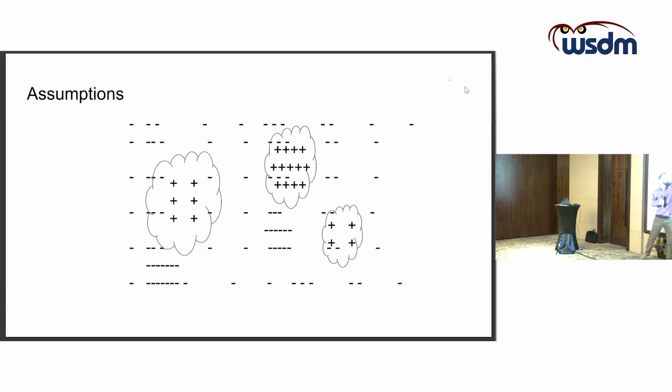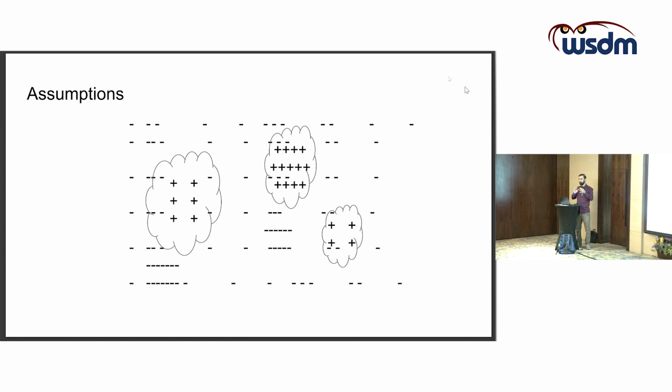Again, if there is one small positive here, we cannot find it. Or if there are many negatives and a very shallow area of positives on top of them, we cannot find it without querying all the negative ones. So the other requirement, at least the one the previous work had to have, is that the support of the positives is not very narrow, and wherever there are positive examples, it's not very shallow.